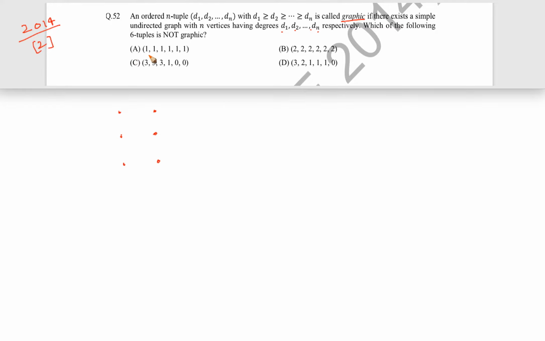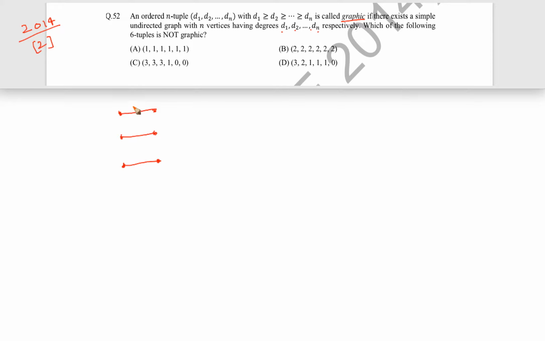So let's take option A. Is it possible to have a simple undirected graph with 6 vertices such that each of the vertices has degree 1? And it is possible. See, for 6 vertices, the graph is something like this. 6 vertices are there, 3 edges are there, and the degree of each vertex is 1.